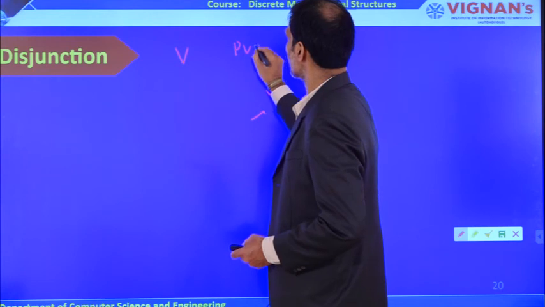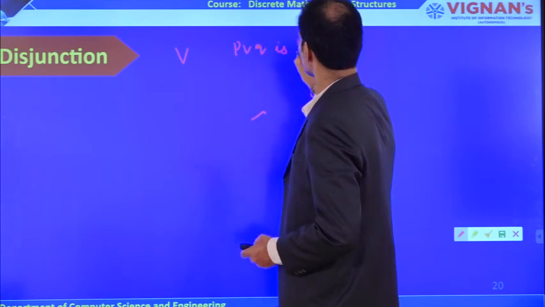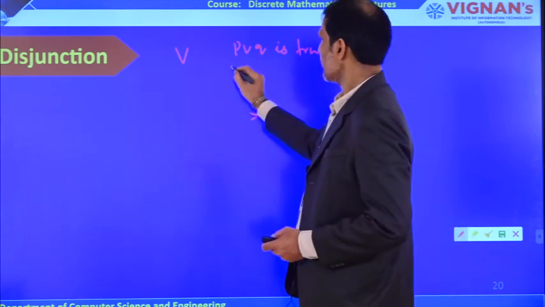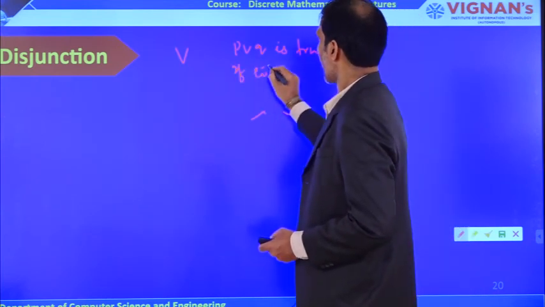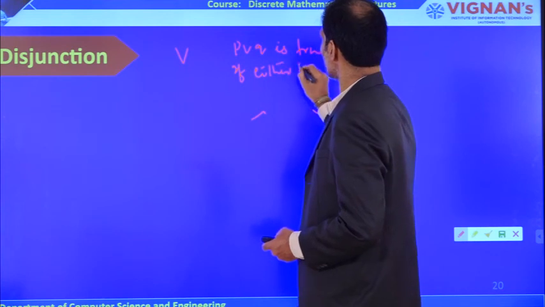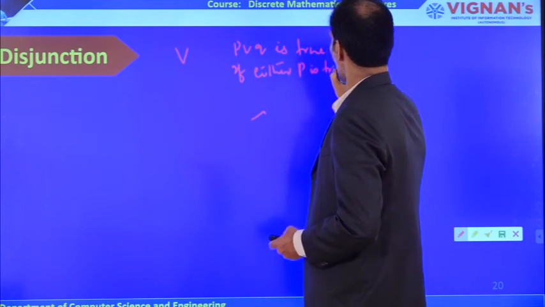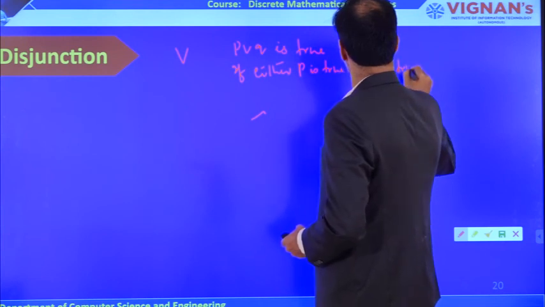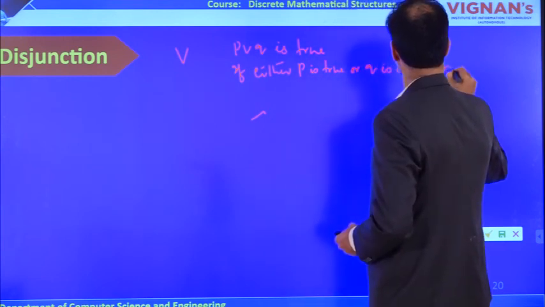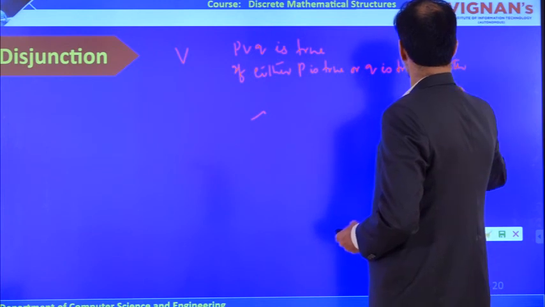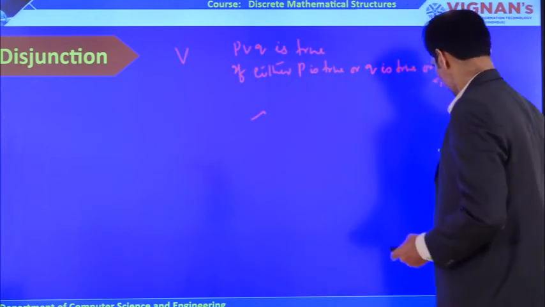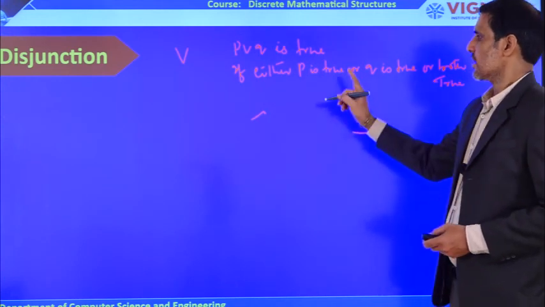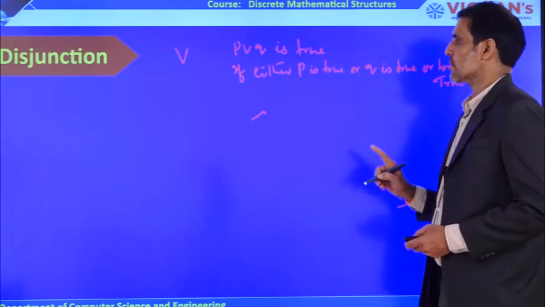The definition of disjunction: P or Q is true if either P is true or Q is true, or both are true. This tells us when it will be true.